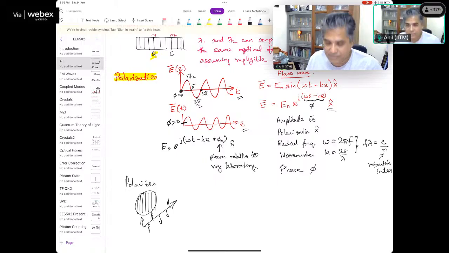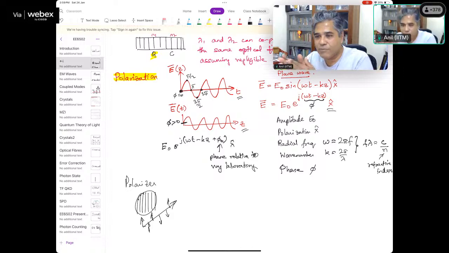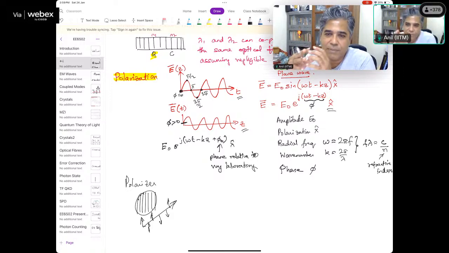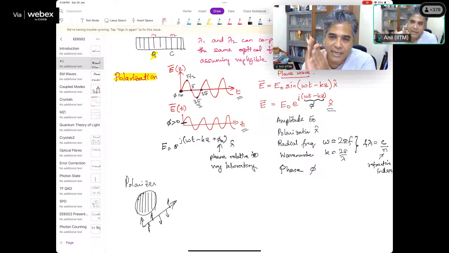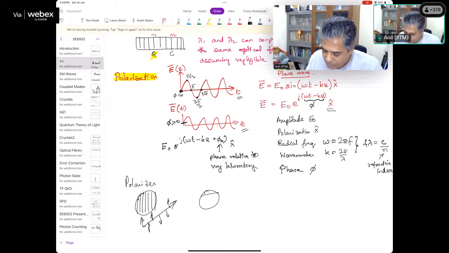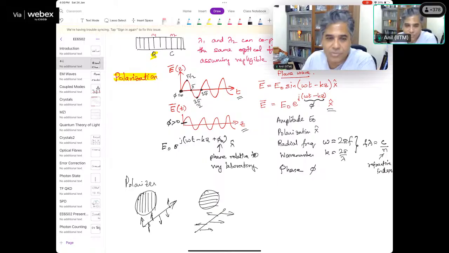It is basically saying that any disturbance only along a particular direction goes through. And so we've come up with the notion of polarization to explain this phenomenon where it gets darker in one direction, and if I rotate the polarizer and make it horizontal, then only the horizontal electric field will go through.